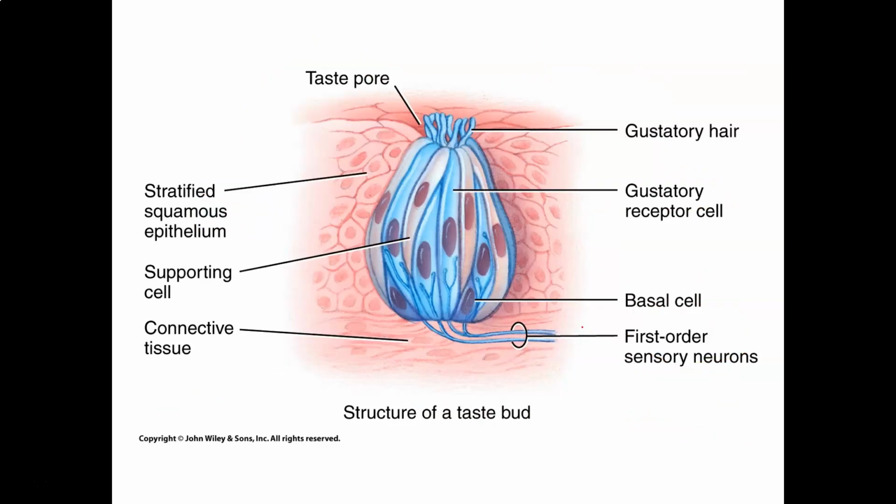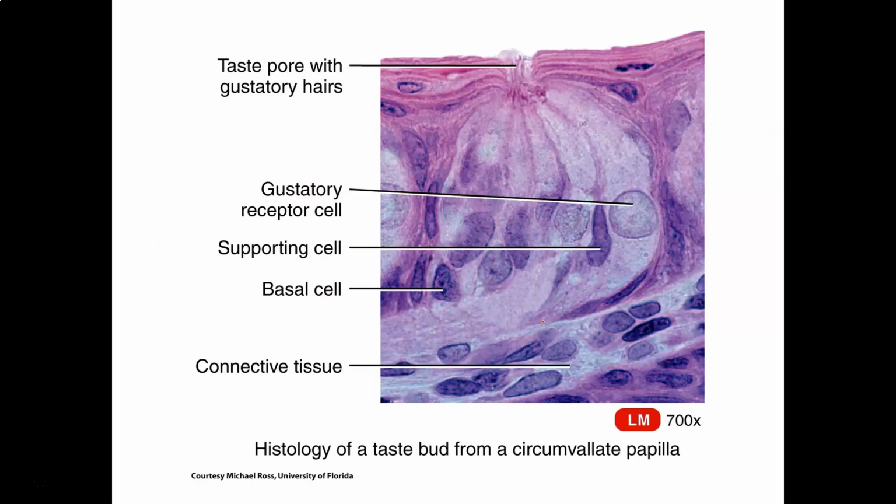Okay, and here's just a close-up. You can see the sensory neuron a little better coming up into the taste bud. So presumably some taste buds can have a mixture of gustatory receptor cells, and they used to try to map the tongue, like where are your main sweet receptor taste buds and so on, but they've sort of gotten away from that because I think it's a little more difficult than they had first thought in terms of mapping the tongue and taste bud types.